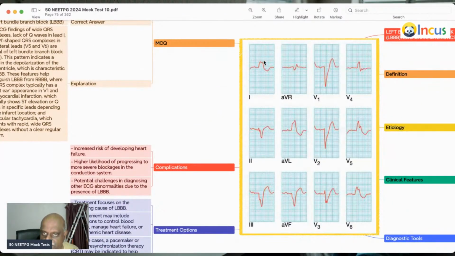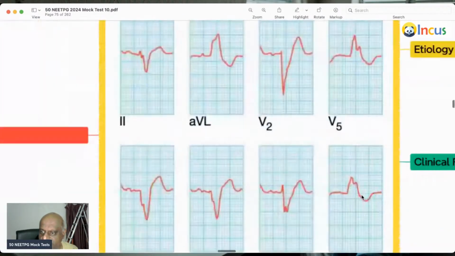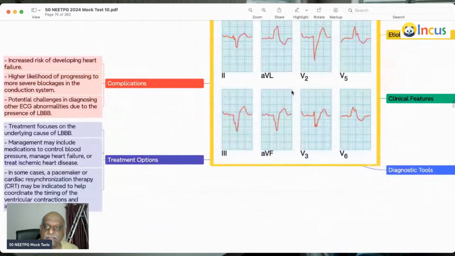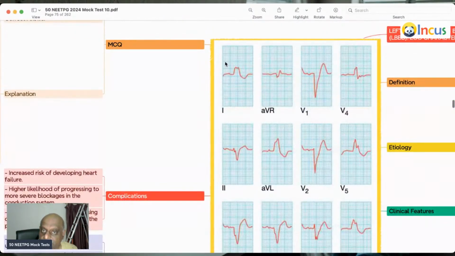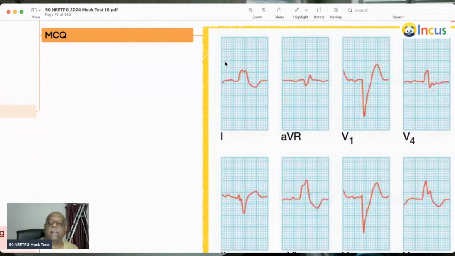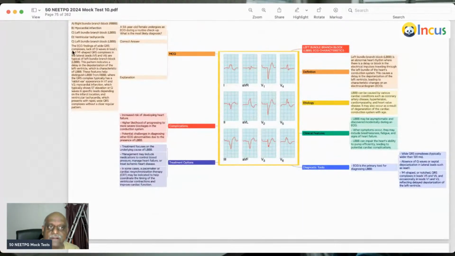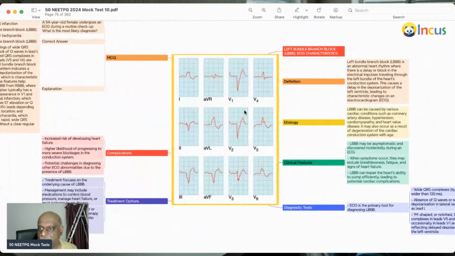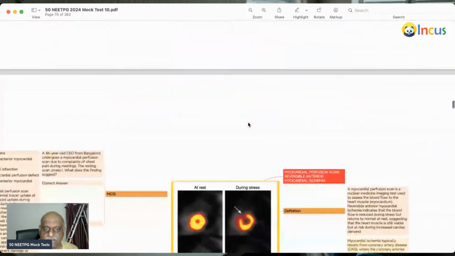This looks like a W, and this looks like an M. So W-I-L-L-I-A-M: M is V6. M-shaped change in V6 in QRS, and W-shaped in lead 1. That is left bundle branch block, which is what you need to remember. So I leave the literature for you to do the revision.